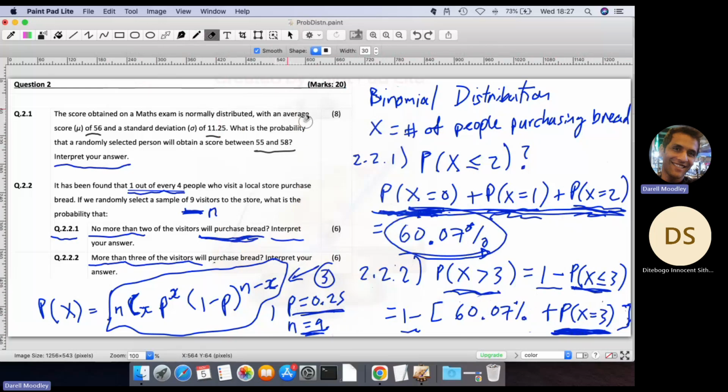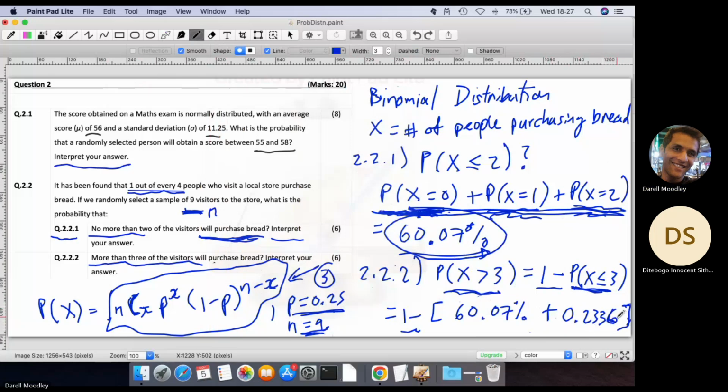And I encourage you to work this out on your own as well, and see if you get the same answer. That becomes probability 0.2336.